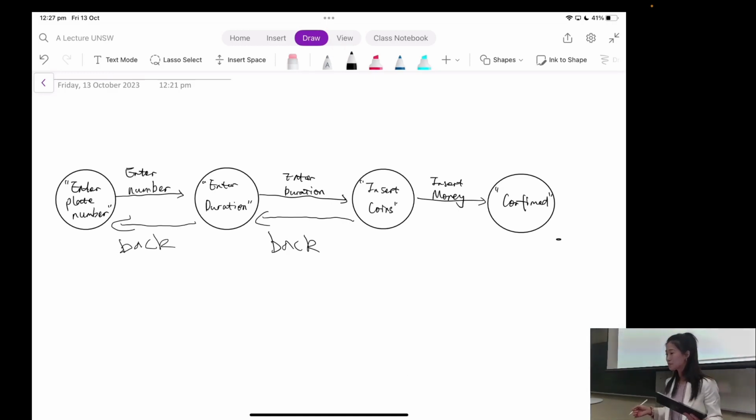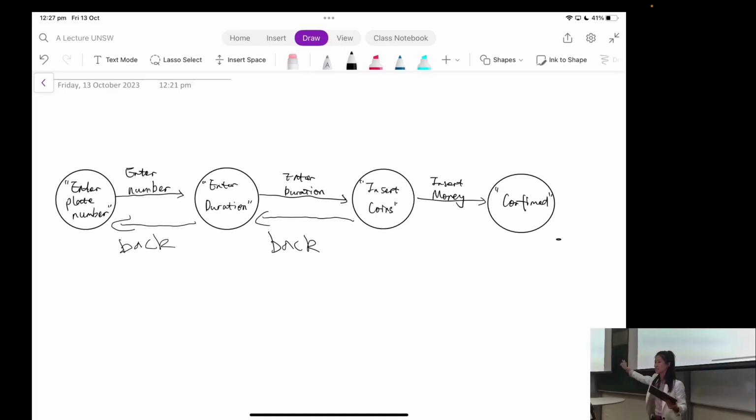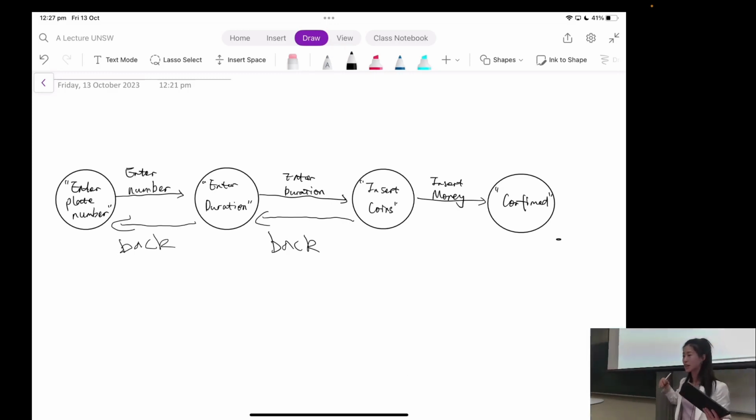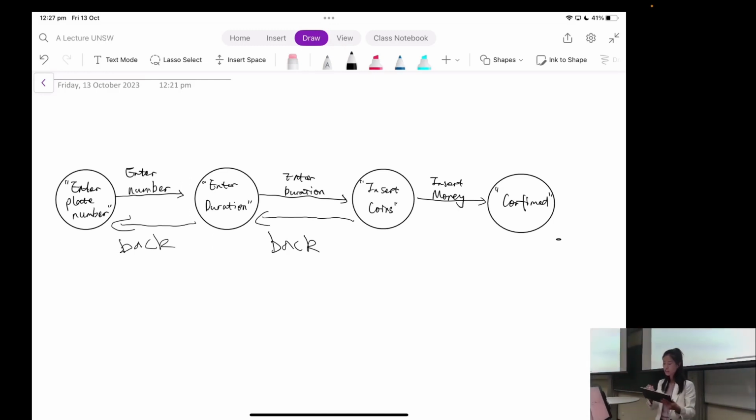I was thinking, when I insert coins, for example, it asks for $3. The first event that I trigger is putting in $1, and then another event, putting in another $2. So actually I can trigger this insert money event a couple of times before it can be confirmed.